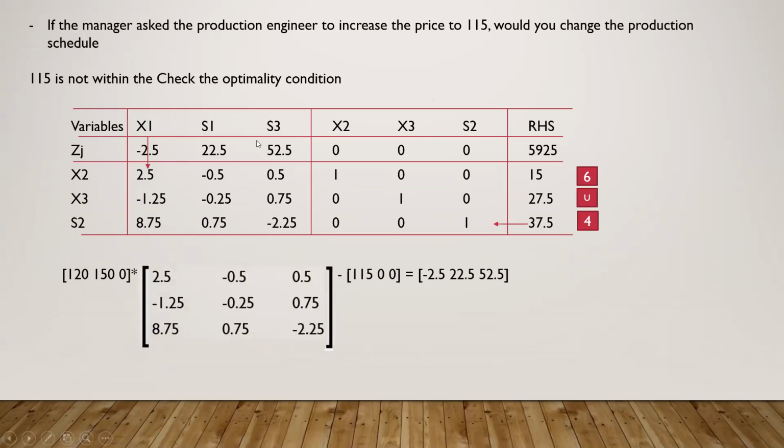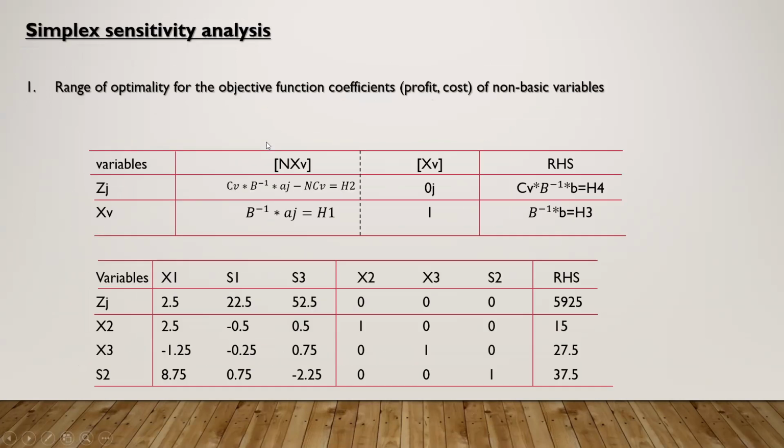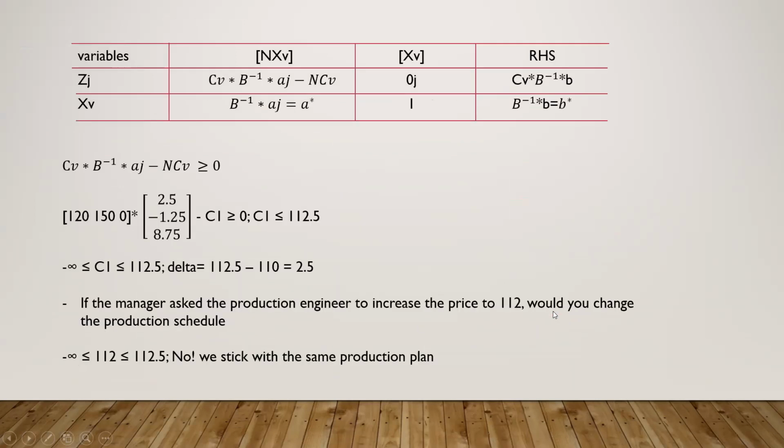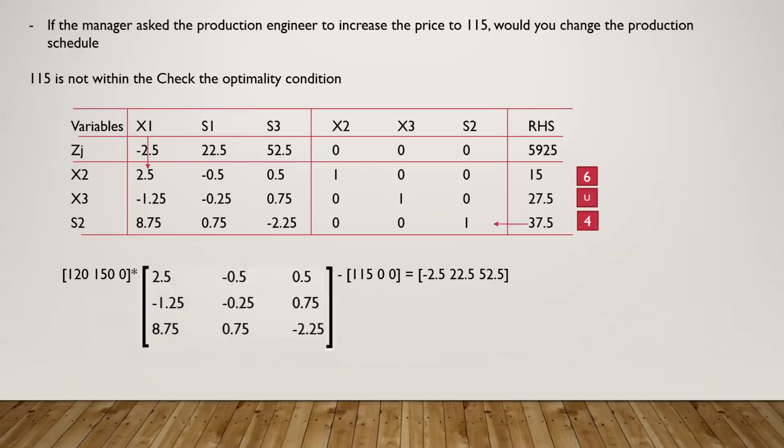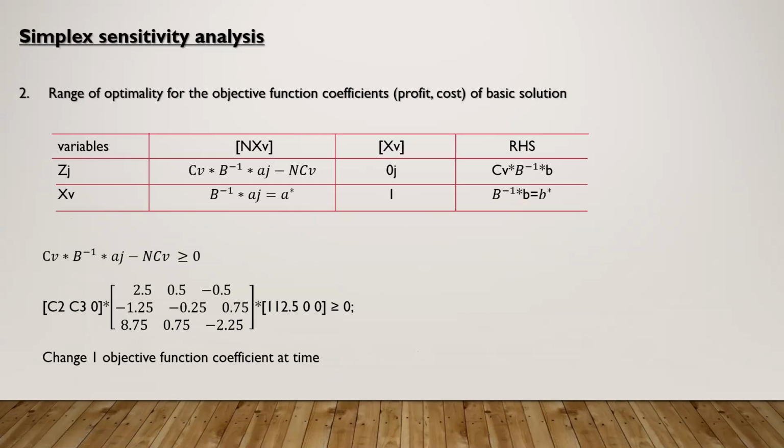With this optimal solution, let's assume he says my goal wasn't to earn this amount, I want more since x2 and x3 are productive. So he's kind of greedy. Or maybe he's looking to sell more items, so he's thinking of reducing the price. Should he stick with the same production plan?